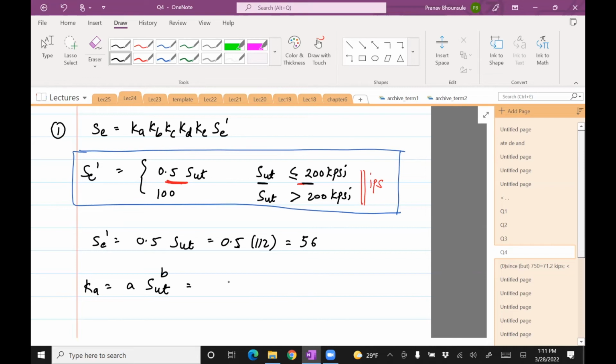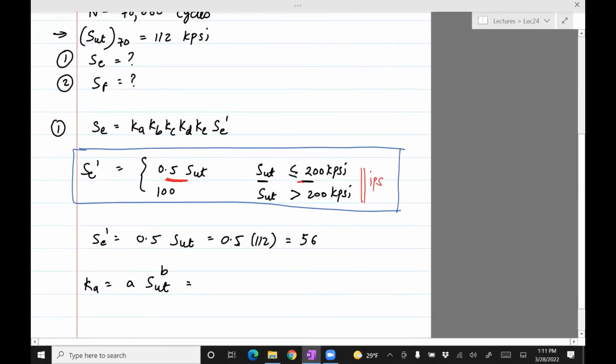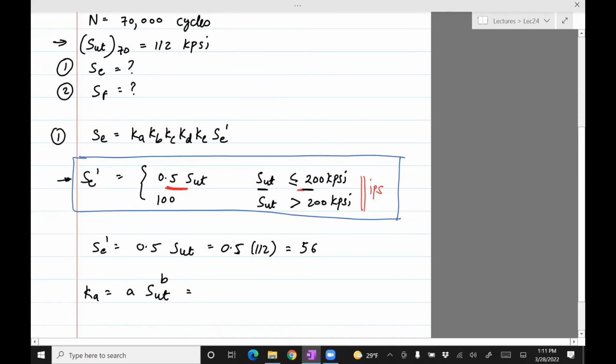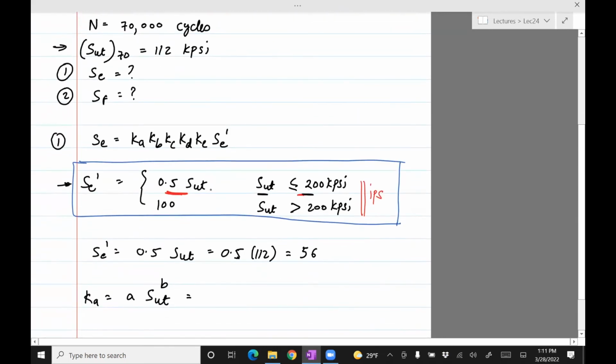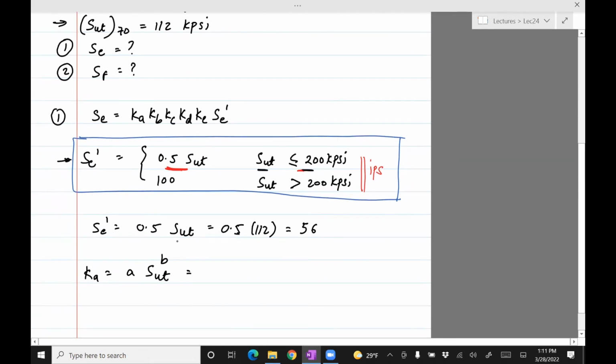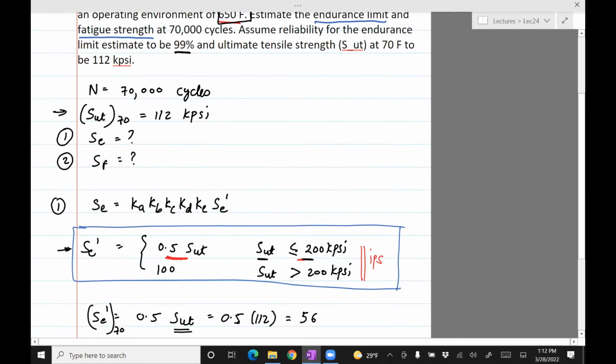Interesting. What I forgot to do here, and this is something you probably should do before we actually compute these using these equations, is that since there's a temperature involved, I completely skipped this. The temperature is 650, and these formulas are for room temperature. This is actually going to give us SE prime at 70, right? What we want is SE prime at what temperature? 650 Fahrenheit.